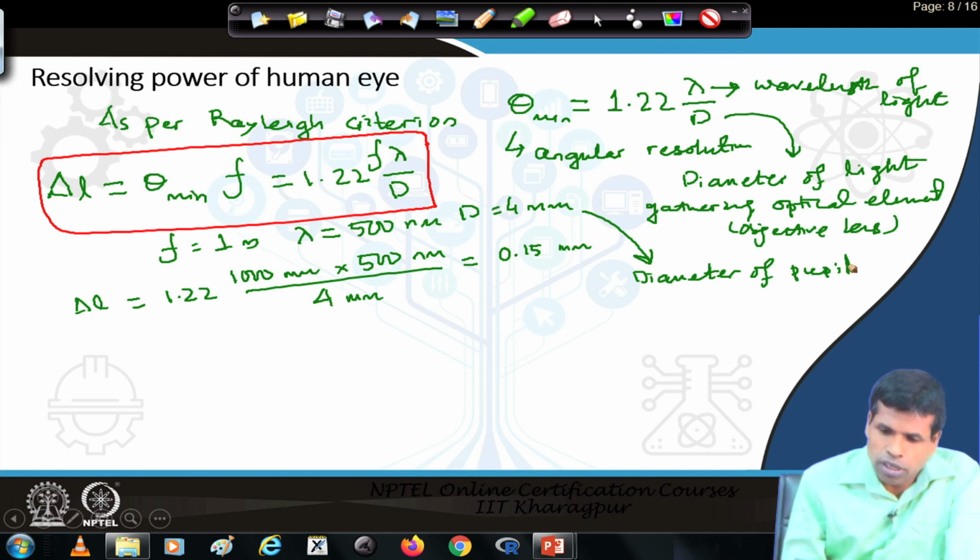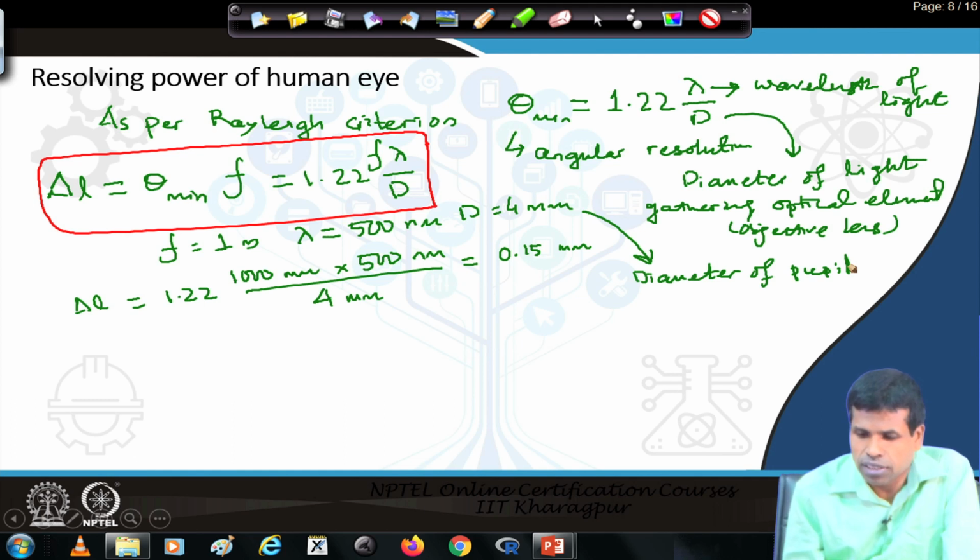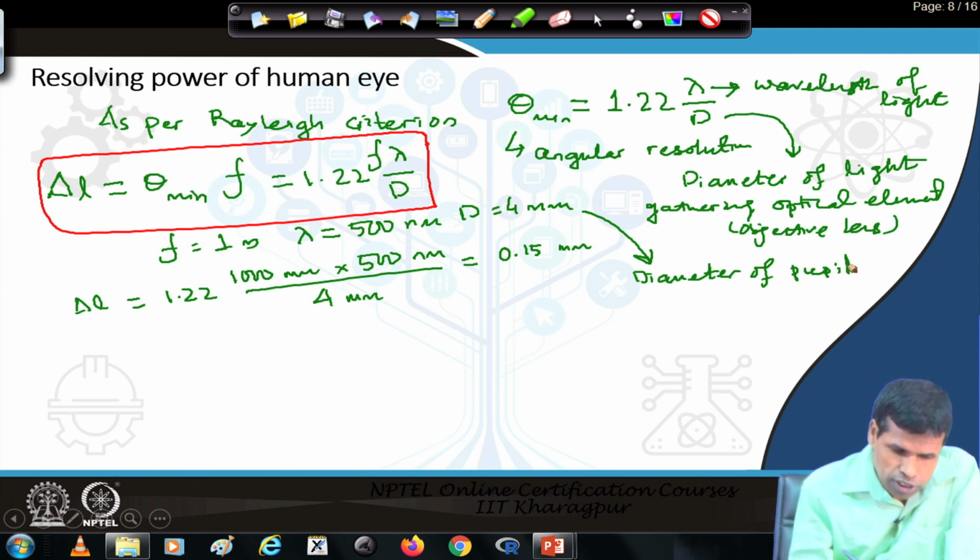So, our eye can detect objects placed as close as 0.15 millimeter. This is the resolving power, or resolution, of a human eye, 0.15 millimeter.